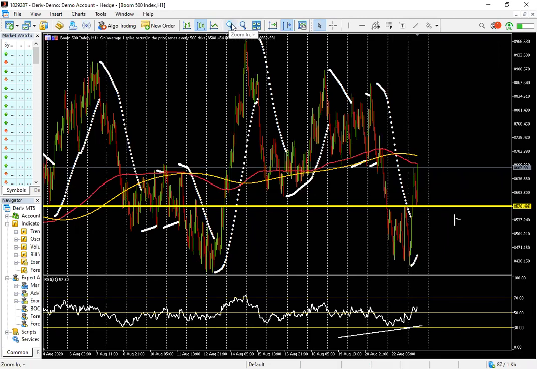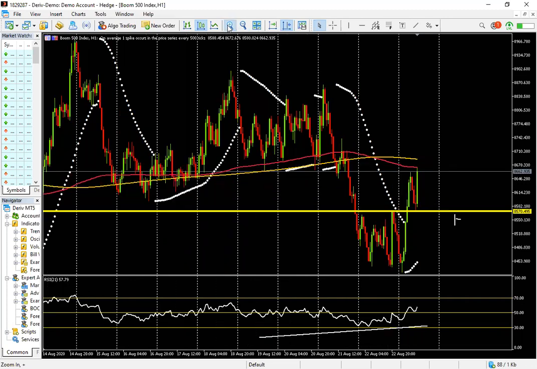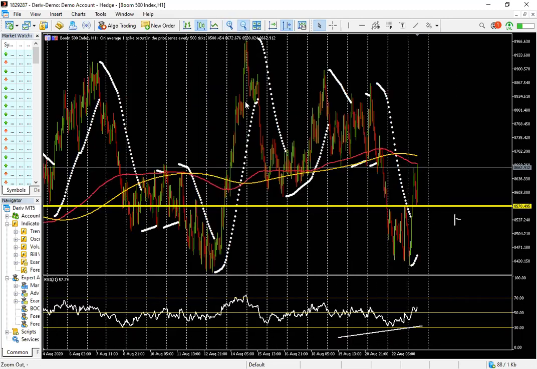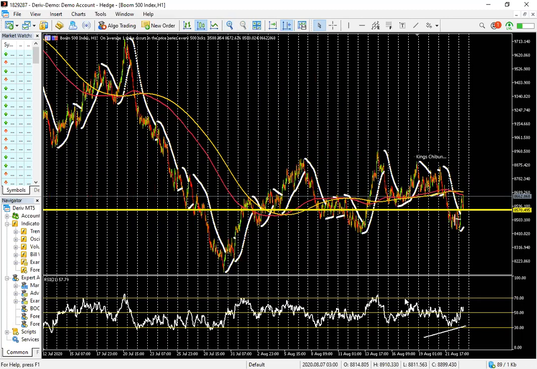Let me see the last phase, like here. Around here. Which area? Okay, you're missing it. Around this area. Yeah, zoom in.